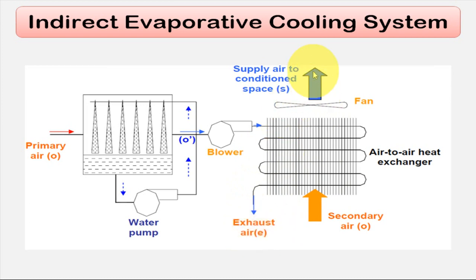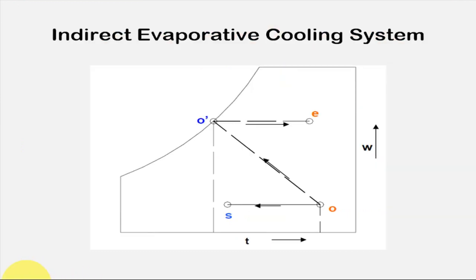So this is our required air. This required air is supplied to the conditioned space.